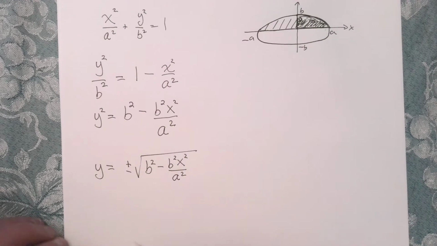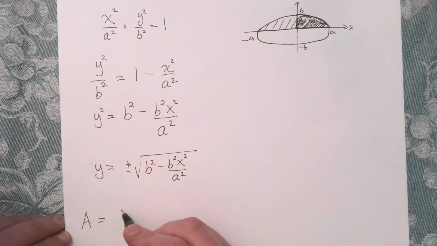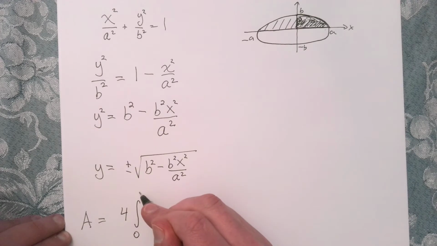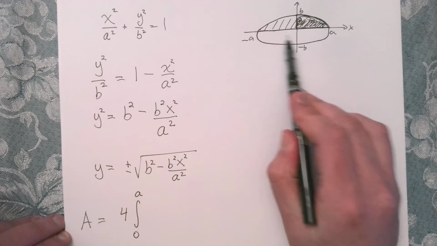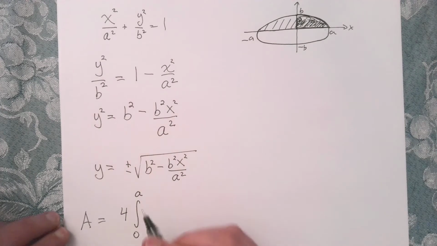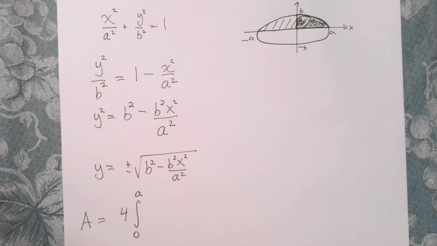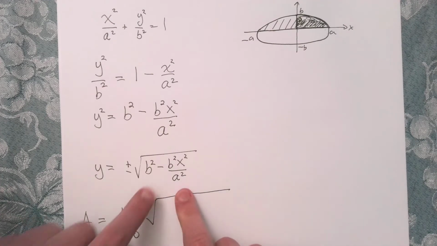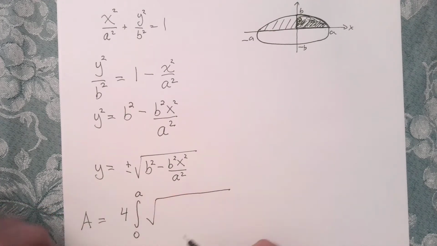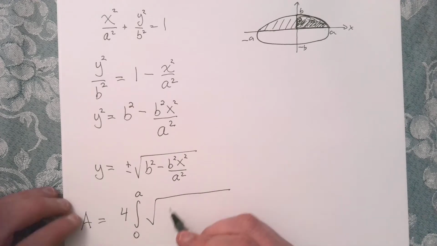Okay, so what does my integral look like? So we're quadrupling the integral from 0 to a, and again, that'll account for 1, 2, 3, 4 portions of the ellipse. And let's see what we have all together. Well, maybe I'll combine this into one fraction. I don't technically have to, but it might be nice.